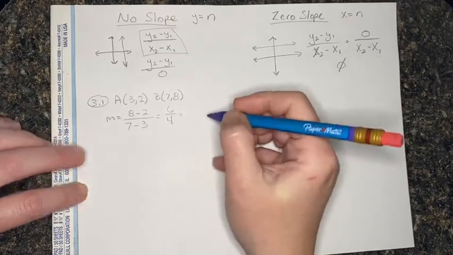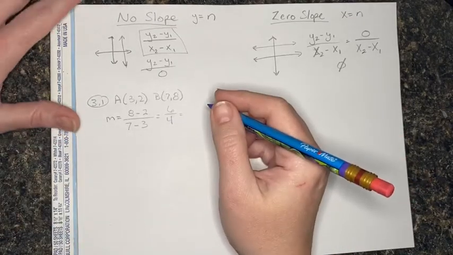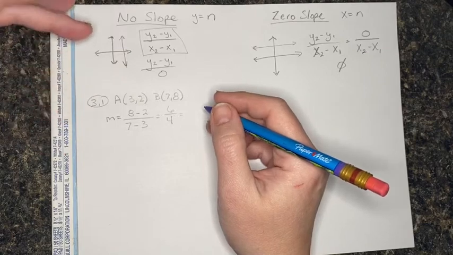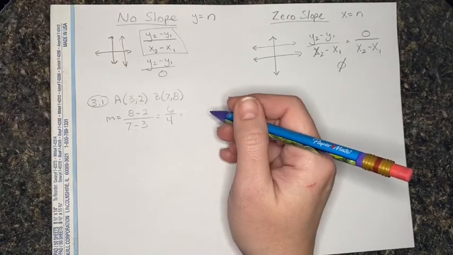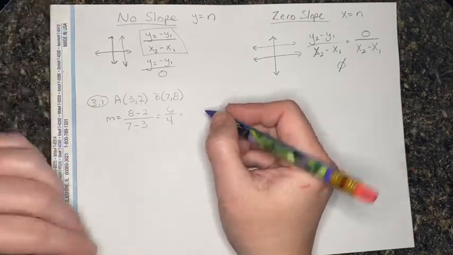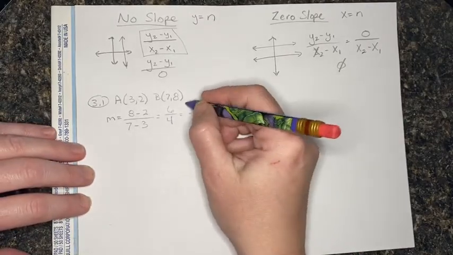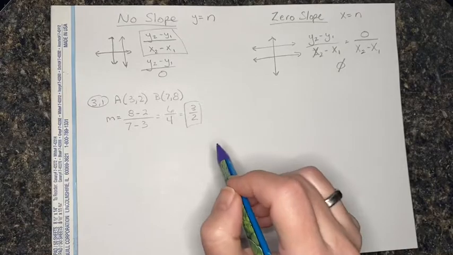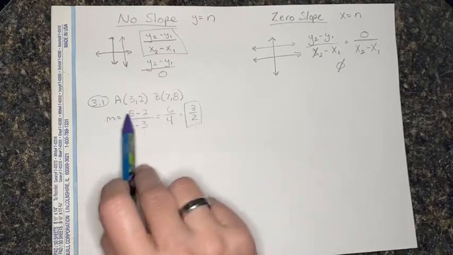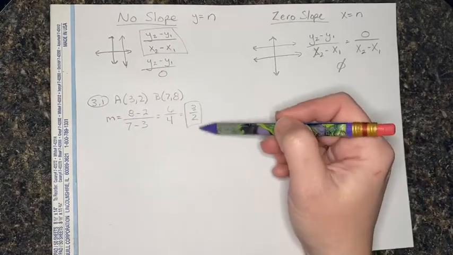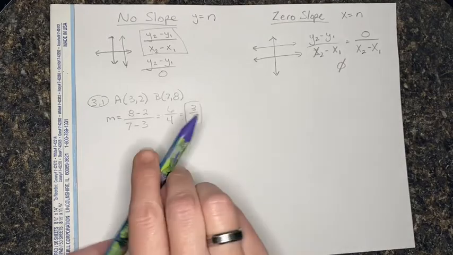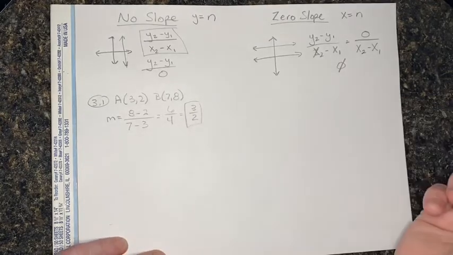This can be reduced. Now remember, when we're talking about slopes, we do not want mixed numbers. They will always stay an improper fraction, but we will reduce them where possible. So this can be reduced to 3/2, and that is our slope for this problem. It is a positive slope, so we know it's going to be moving upward, right?